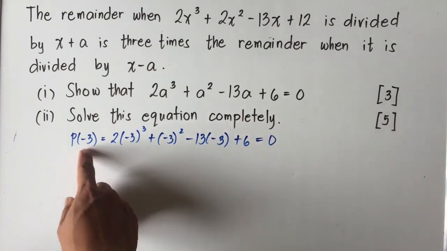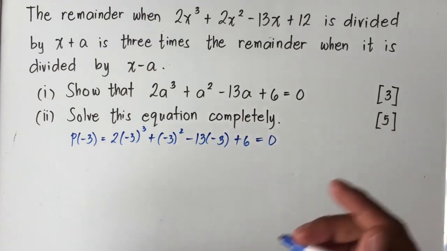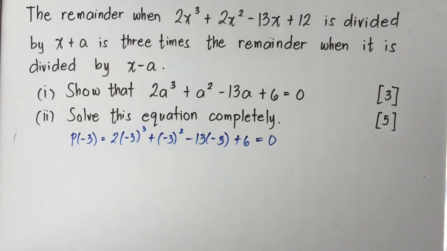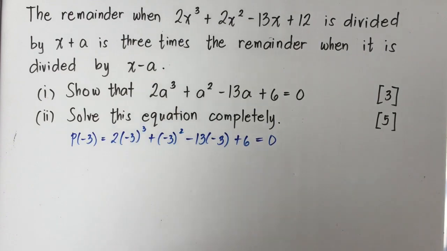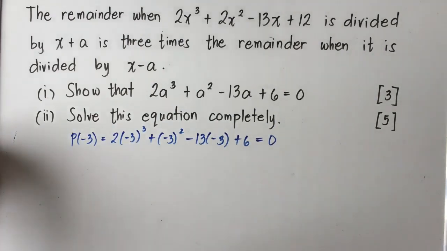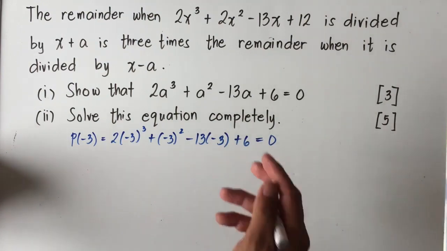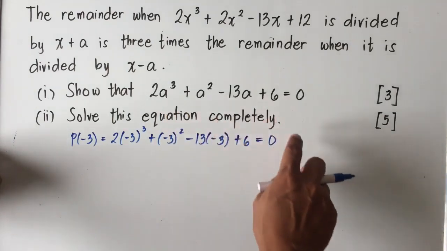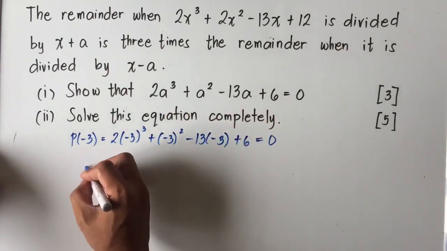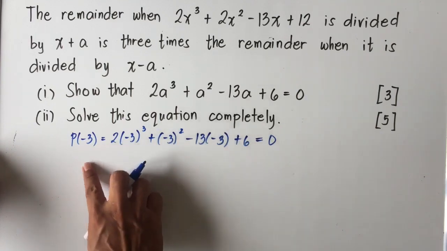And if it is p of negative 3, remember it is x minus c. Since it is x minus c, what is the c value there? It is negative 3. So x minus negative 3 will become x plus 3. This x plus 3 is the number that you are going to use to divide with this. But remember I'm not using x anymore, I'm using a. So a plus 3.